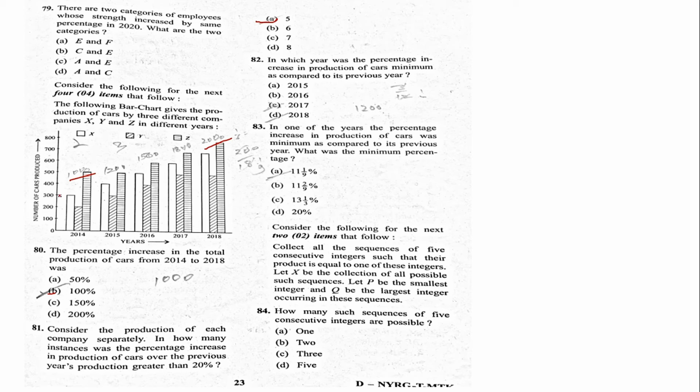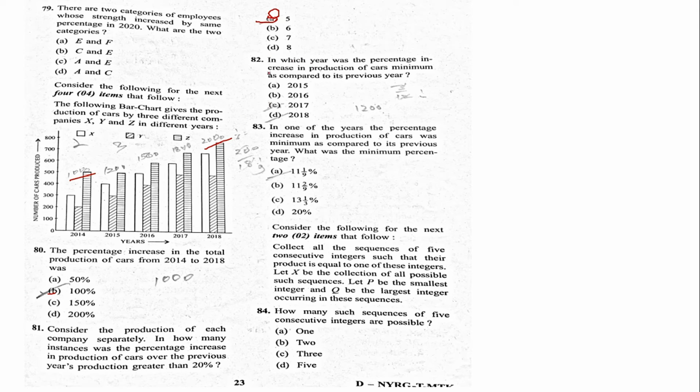See, in this, for X company, 100 is increased. So 100 over 300 is 33.33 percent, so it is more than 20%. One company will be here. In a similar way, in 2014 the Y company has also seen an increase of more than 20%, because it has shown a 50% increase. In a similar way, the number of companies will be around 5.